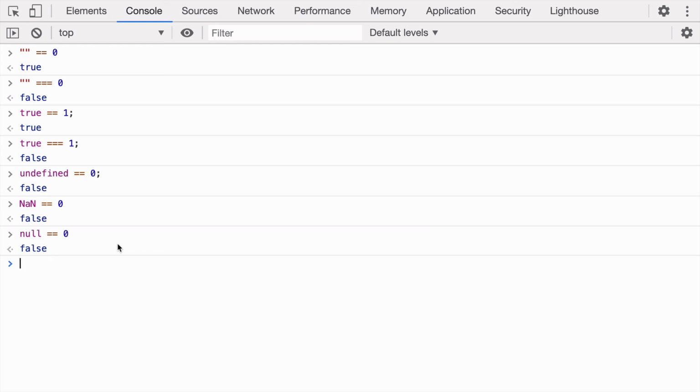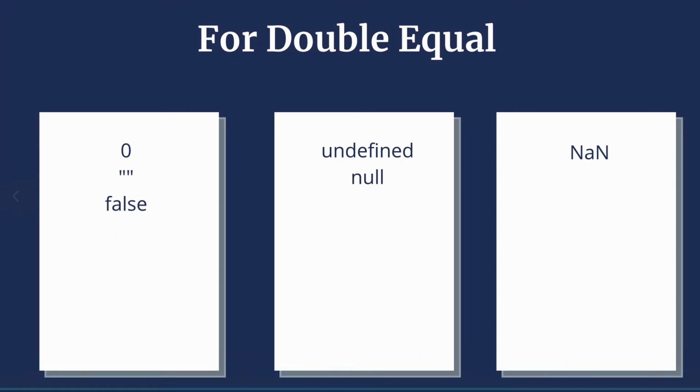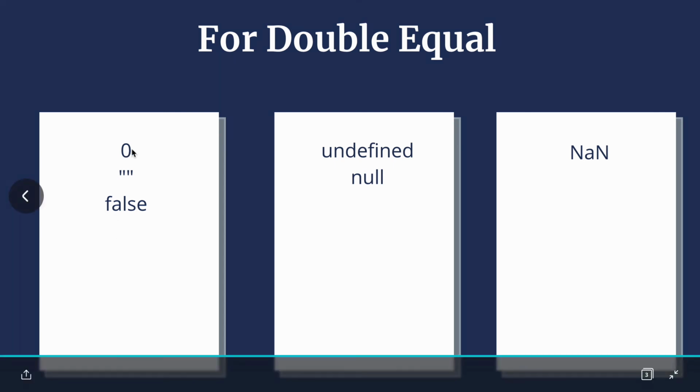But don't worry, what I've done for you is created a chart, and this is only for double equal to, so that's why the heading says for double equal. All these falsy values can be categorized into three boxes. The first box contains 0, empty string, and false, that is number, string, and boolean.